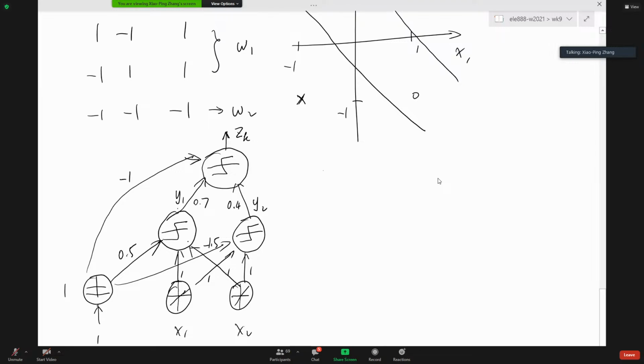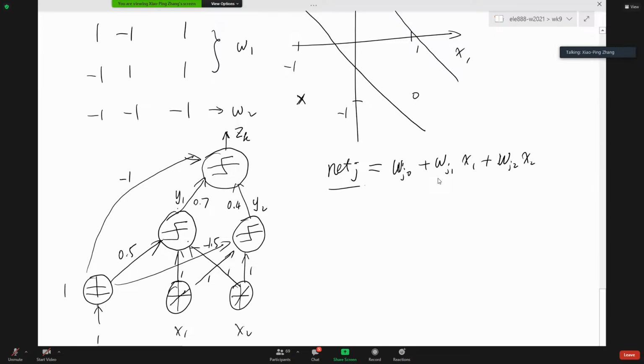So now, assuming the linear function is called net J, in this layer it is the J-th neuron's output, equal to WJ0 plus WJ1 X1 plus WJ2 X2.